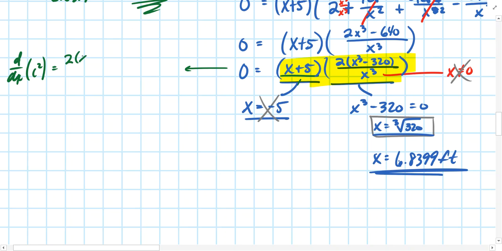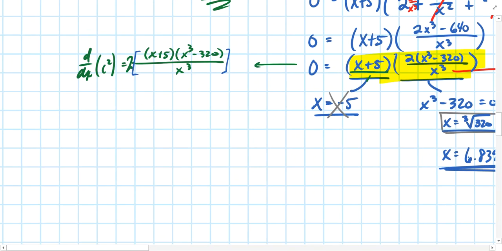So I'm going to call this 2 times x plus 5 times x cubed minus 320 all over x cubed. And the reason for rewriting it this way is that it gives me something a little bit more manageable to find the derivative of within this grouping bracket here.